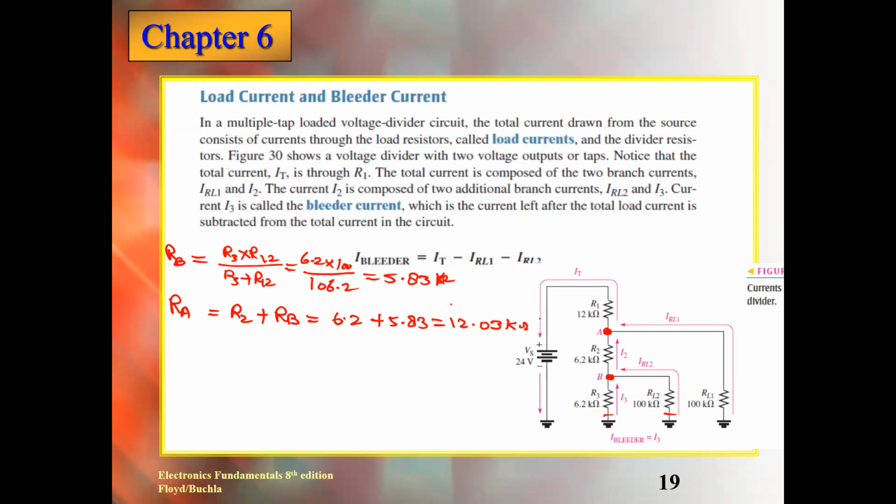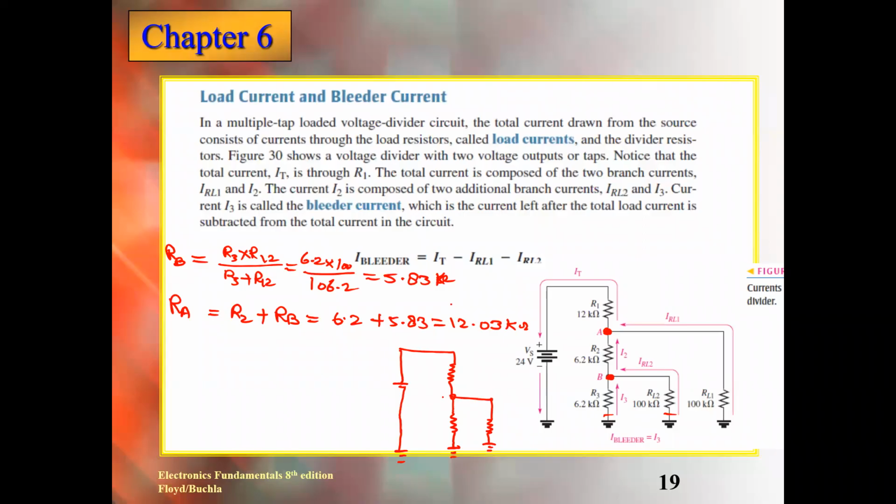Exactly. So now, if we redraw the circuit, this will help us. So I'm going to redraw that circuit. When I redraw it, the circuit will look like this.